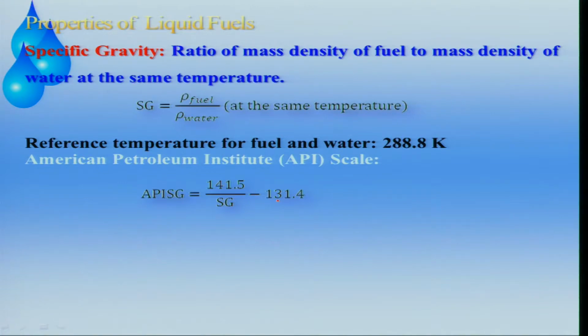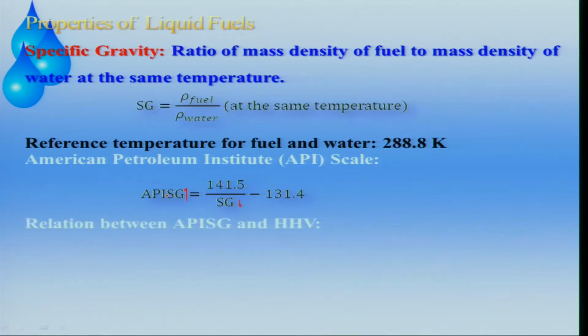What does it indicate? If SG is smaller, that means it is a lighter liquid fuel, and then the API scale value will be higher. If SG goes down, then the API value will go up, and you can evaluate this for various fuels.